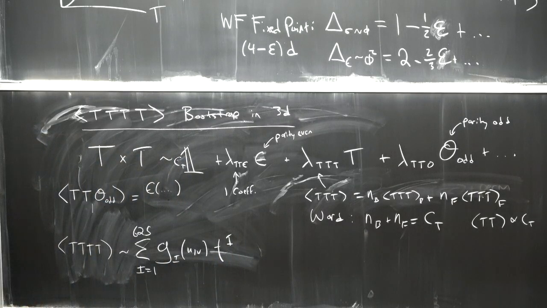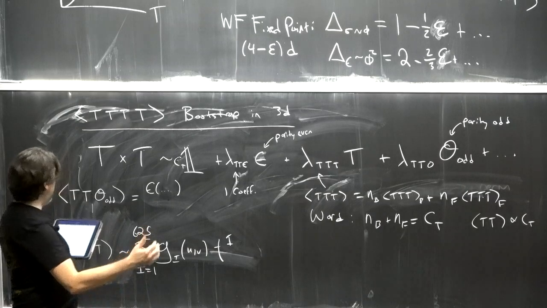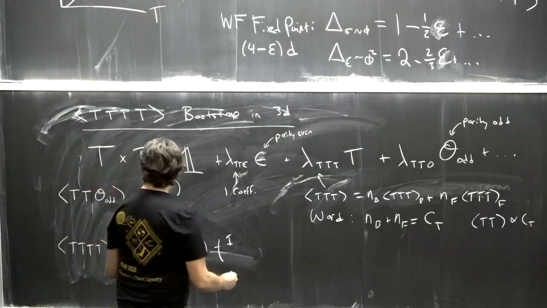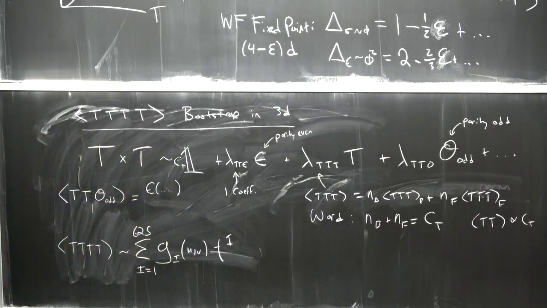Okay, so that looks scary. But then you start imposing various constraints. So there's 625 conformally invariant structures. Now you impose parity symmetry.